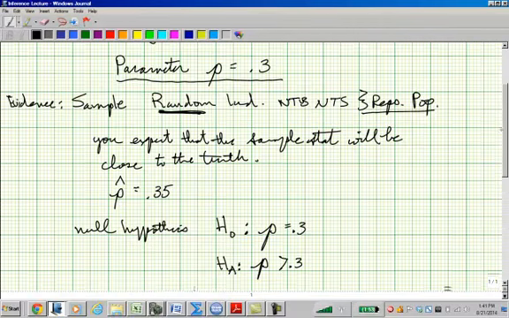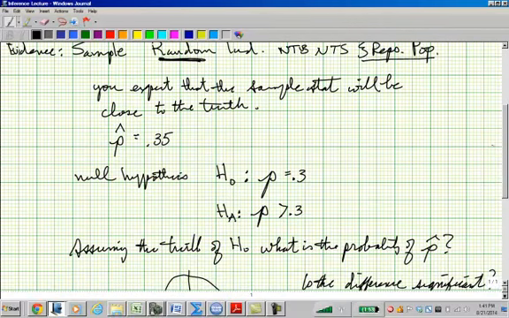We will reject the null hypothesis, and there is evidence, this is all we're going to say.